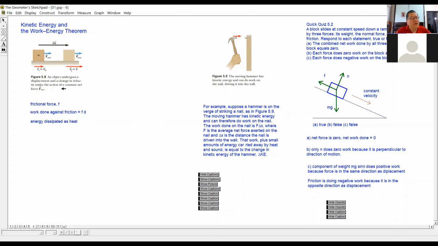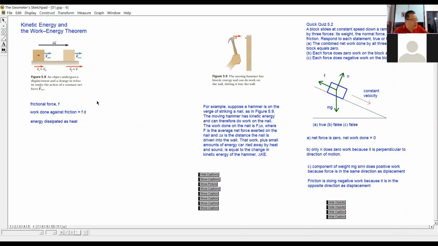So I go through this with you. The small f is usually used to denote the frictional force. The work done against the frictional force is f, the frictional force, multiplied with d. This work done against the frictional force is dissipated as heat and sound.